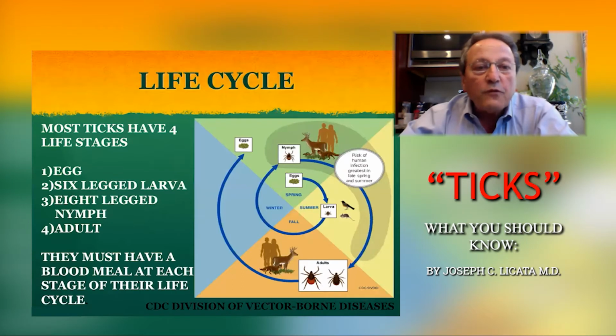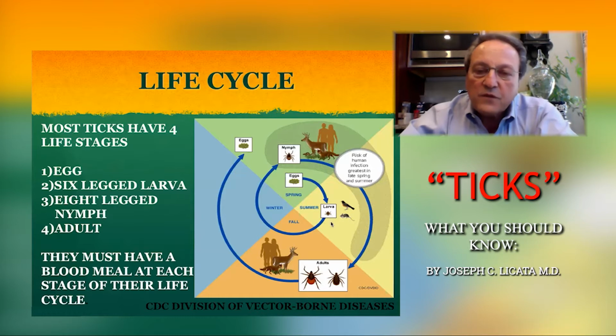Most ticks have 4 life stages: eggs, 6-legged larvae, 8-legged nymphs, and adults. And at each of these stages, they have to have a blood meal in order to progress to the next stage. So after they hatch and are larvae, they feed on small animals like birds and mice.